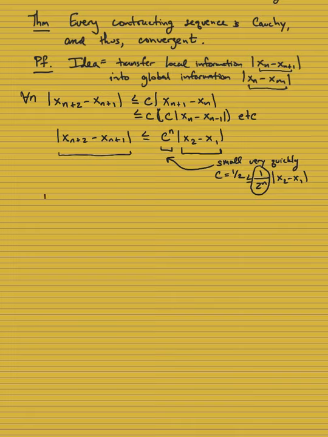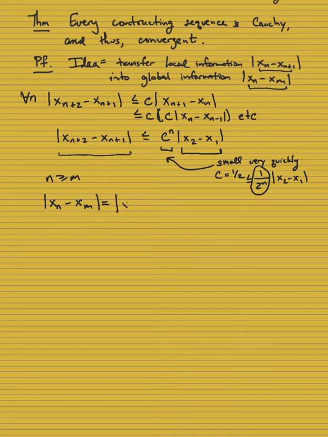terms, right? So now we're looking at something like xn minus xm, and let's just assume that n is bigger than or equal to m. All right, so now we do basically a bunch of triangle inequalities, right? We're trying to get from xn to xm, and the way that we do that is hopping between all of the xn minus 1s all the way through till m.